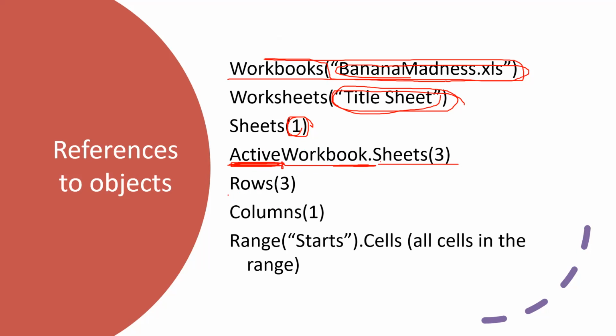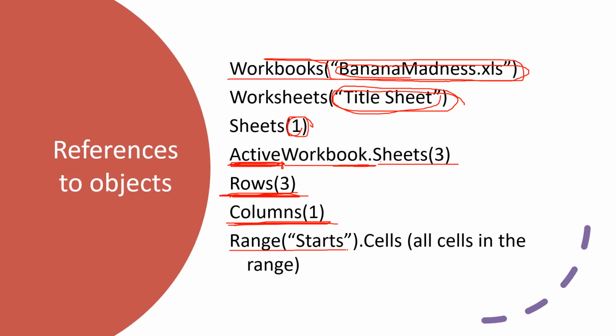Thereafter, the next one is we can identify. You know how to identify a cell, right? We can identify rows using the rows command, and also we can identify an entire column or entire row from this command, right?